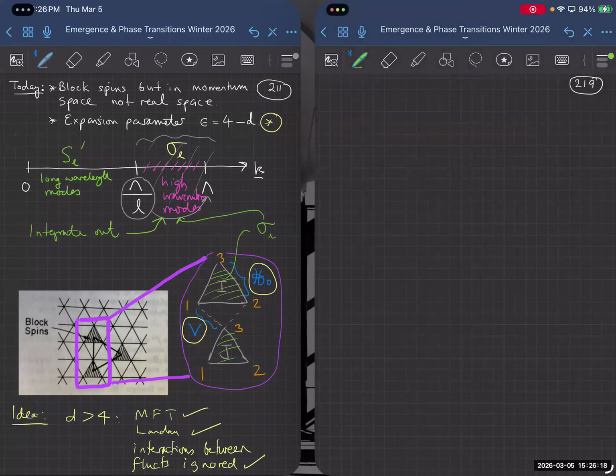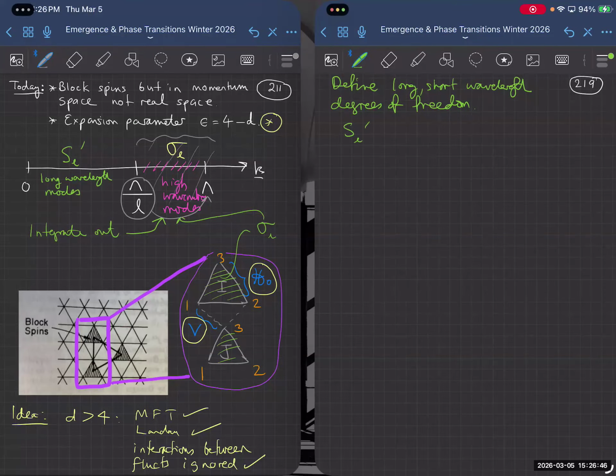So the next thing we want to do is define the long and short wavelength degrees of freedom. So what we're going to do, keep your eye on the picture on the left-hand panel.